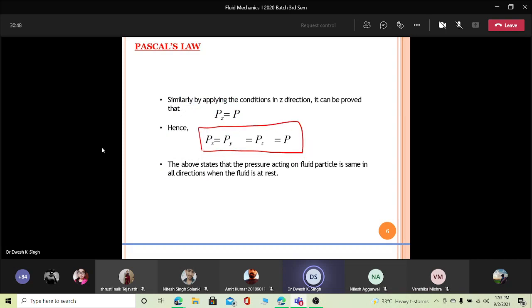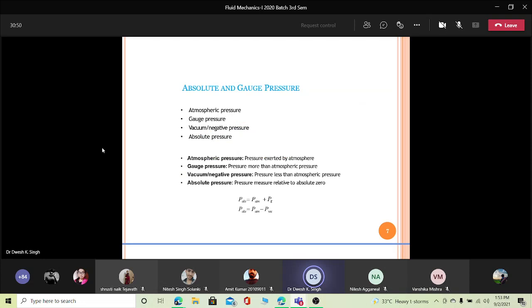Now let me discuss this. This is important actually: the different types of pressure generally used. It is not really different types, it depends on the reference.